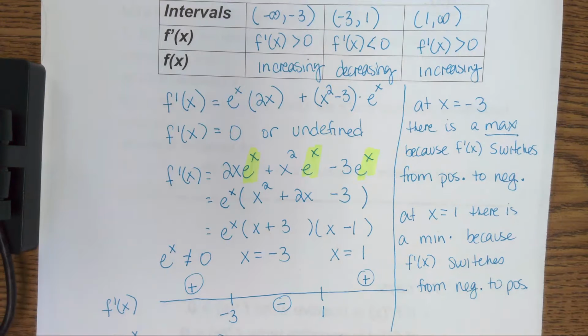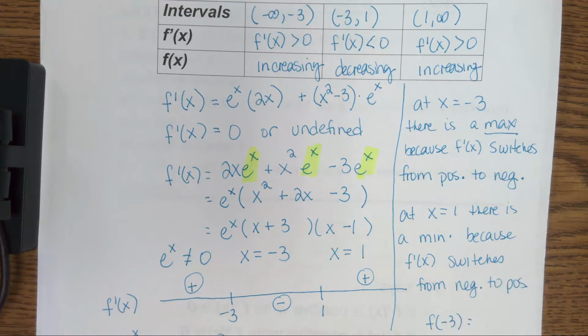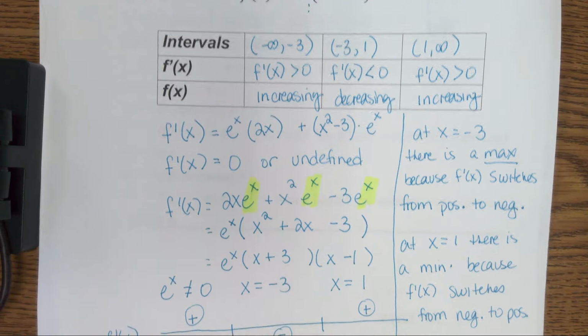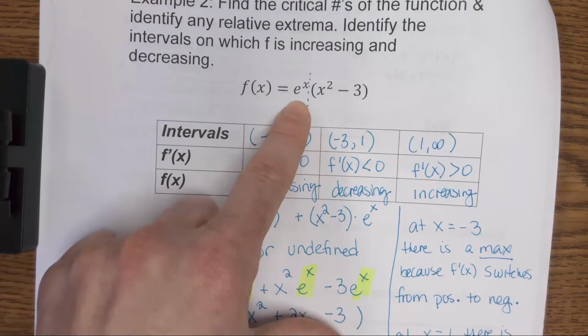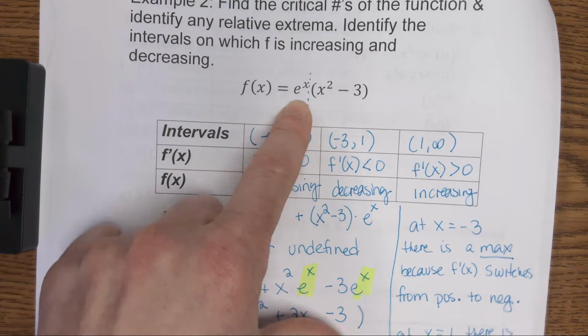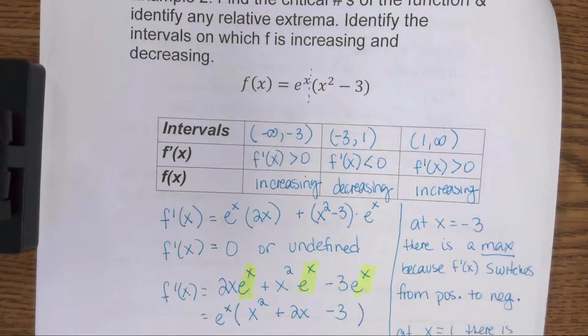If I asked you to actually find the relative extrema, you could plug in f of negative 3 into the original function, and you could just leave it. F of negative 3 would be e to the negative 3, times negative 3 squared, which is 9, minus 3, which is 6.